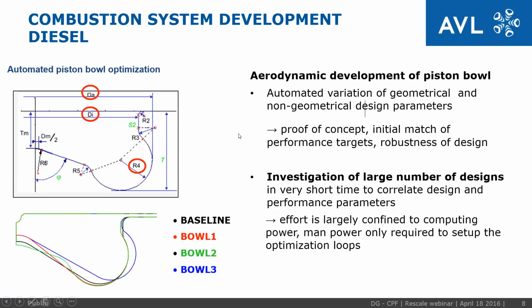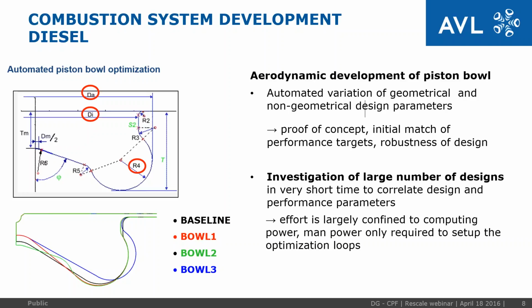So when we move further into the combustion system, into the combustion chamber, one of the geometrical parameters that we vary is the piston bowl shape, and varying the shape of that strongly influences the combustion process, and we would like to optimize the shape to meet all the requirements.